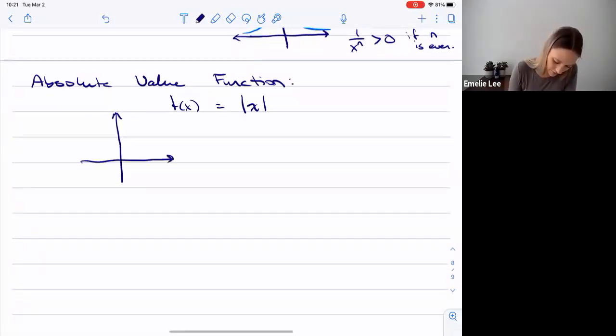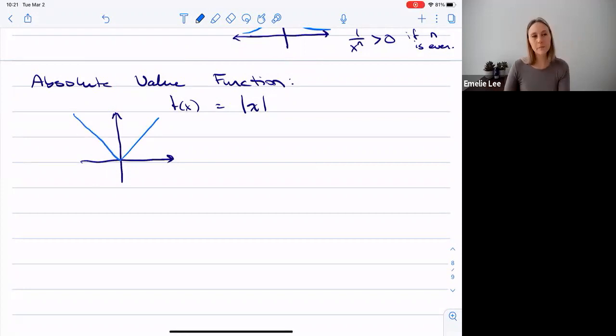The graph is going to look something like this. Okay. So if I have negative values of x here, then I map them to negative x, right?